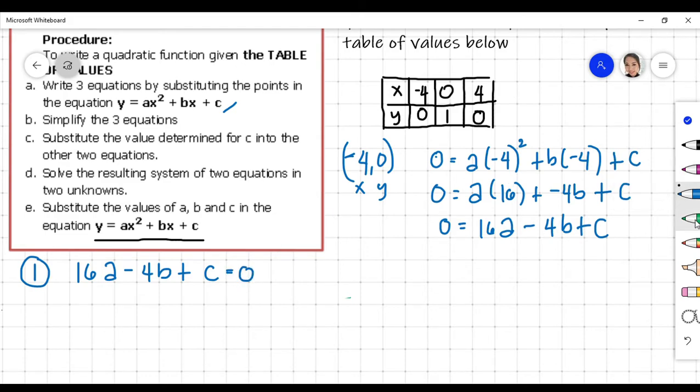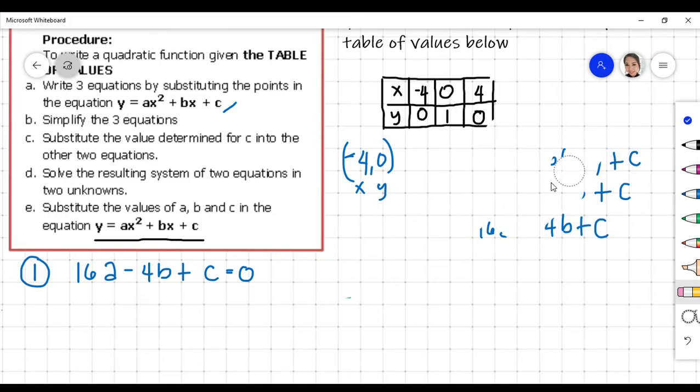Okay, for our second equation, is from the point 0, 1.